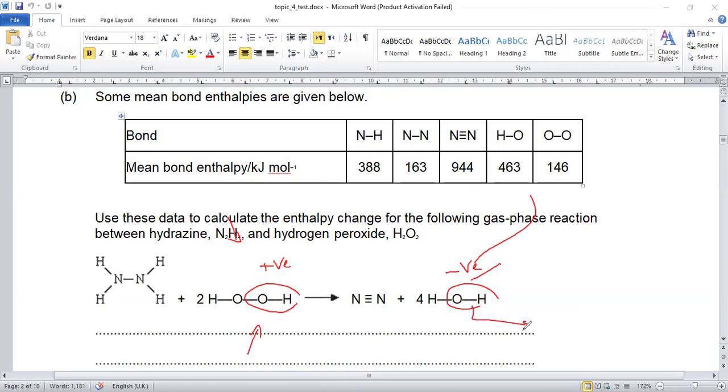Here the bond is forming by releasing heat. Releasing heat means an exothermic step, which will be negative. So when breaking OH, we absorb; when forming an OH, we release the same bond energy.